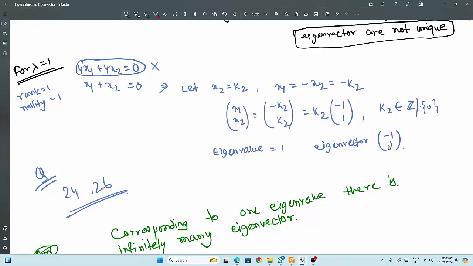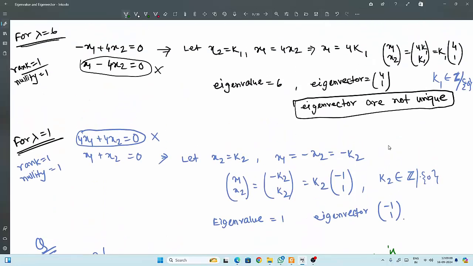That's why in eigenvectors it is not mandatory that everyone should get the same answer. Here I have taken x2 equal to k1 and x1 equal to that value. Someone may take x1 equal to k1, no problem. If x1 is equal to k1, then you will get 4x2 same as x1, so x2 will be k1 by 4.